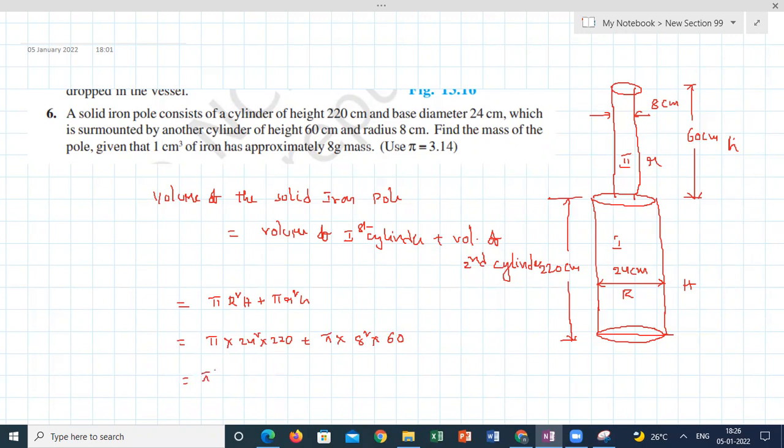Taking pi common, this is 24 square into 220 plus 8 square into 60. This is the total volume. Let me know how many pi you are getting, how many centimeter cube you are getting, approximately.